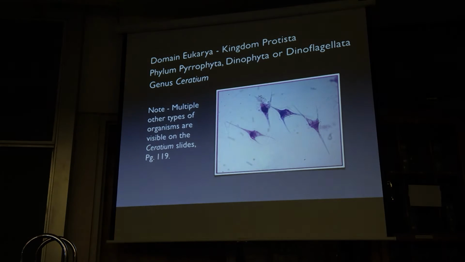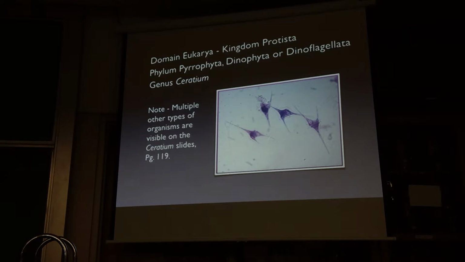Here's Ceratium. Oh, the other thing about the Ceratium slide, so there you can see the dinoflagellates, the Ceratium, with two spines going one direction, one spine going the other, the central groove in the middle. On that same slide, there's a bunch of other kinds of organisms. There's a bunch of what are called rotifers.